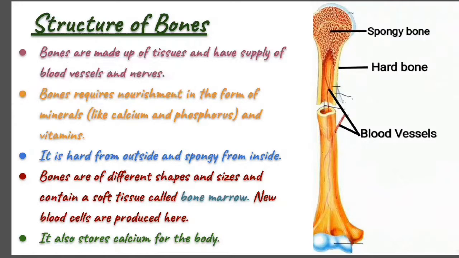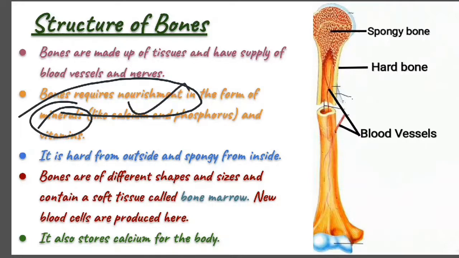Next, bones require nourishment. If something is in a living form, definitely it needs nourishment to stay alive and to keep growing. So all these things are required. Similarly, bones also require nourishment in the form of minerals, and these minerals are calcium and phosphorus.